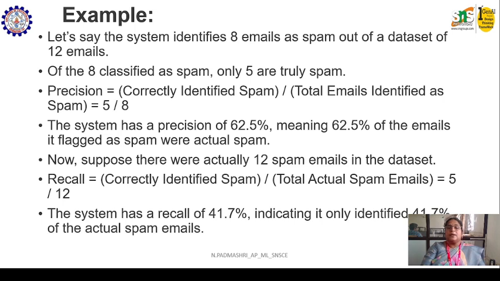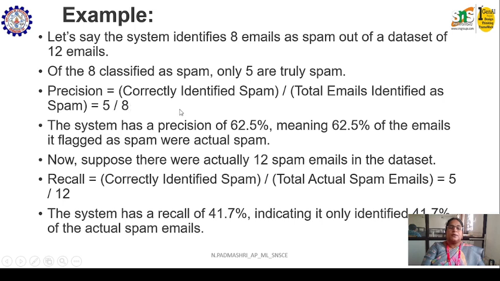Let me explain with one example. Suppose the data set has 12 emails in total, and the system identifies 8 emails as spam. Of those 8 classified as spam, only 5 are truly spam. So how do we calculate the precision?